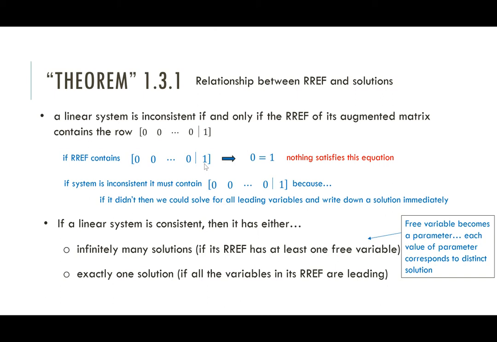Or it has exactly one solution. This happens if all the variables in its reduced row echelon form are leading. The idea is that if all the variables are leading, then when we translate our reduced row echelon form back into equations, we just get each variable equal to a number.